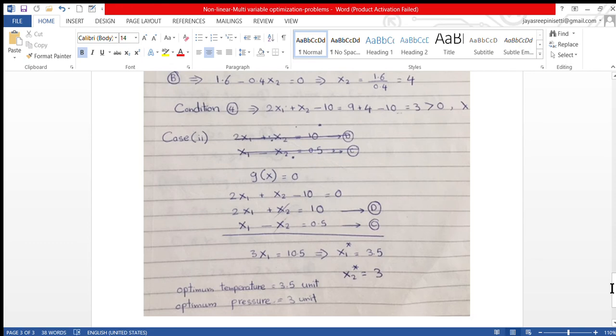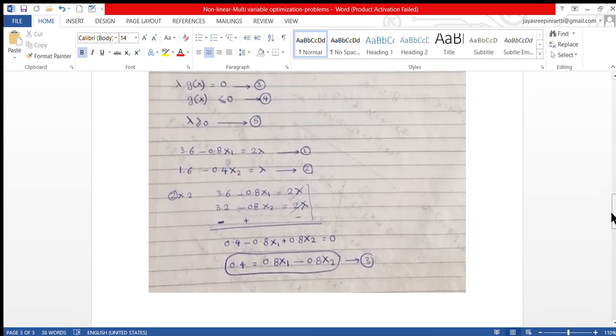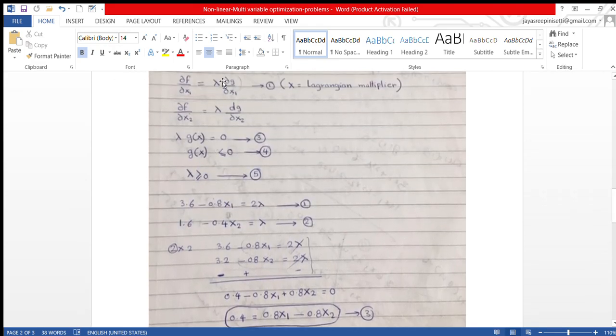So that's how, when you follow these conditions, you can understand how to solve Kuhn-Tucker conditions with the Lagrange multiplier. These two go together. In the exam, if I say either Lagrange or Kuhn-Tucker, you follow the same procedure. I will explain one more time.